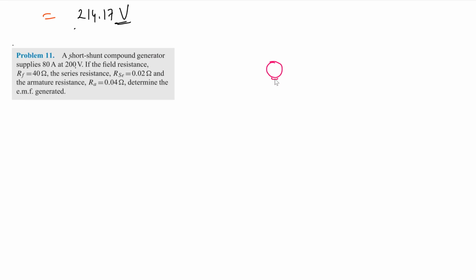This is the armature. The armature will generate a voltage EA. It will have the armature resistance and the field winding.